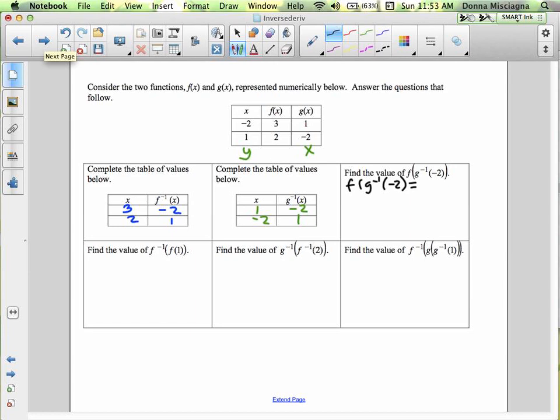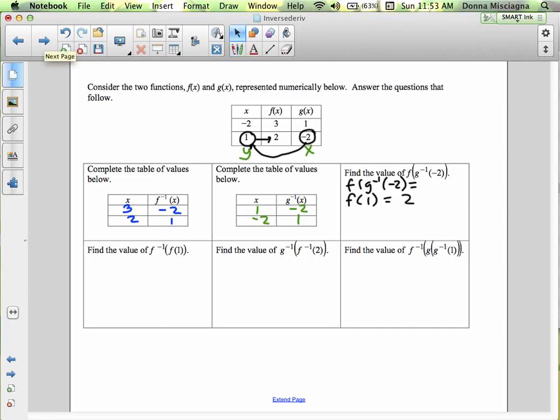If we plug negative 2 into the inverse, we get 1 coming out. So this is the same as f of 1, which is equal to, if we plug in 1, we get 2. I think that's the trickiest thing, remembering to switch the x and y's.